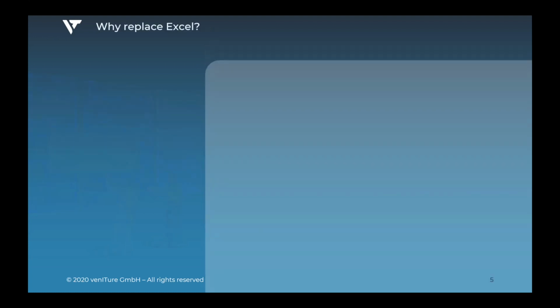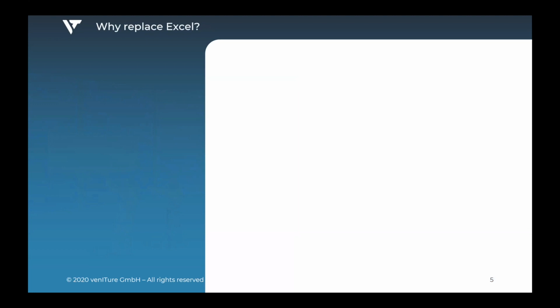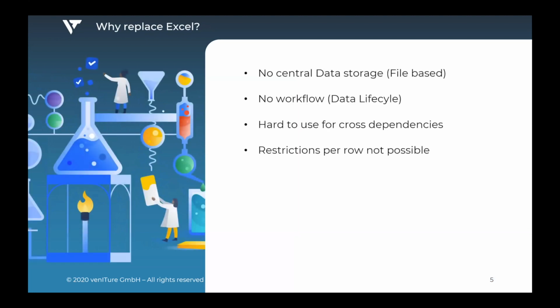The reasons to do so are that Excel files, if you don't use Google Sheets for example, are file-based. That means somebody has a file which they are editing, maybe sending it via email, and then somebody else is editing the file, and so on.